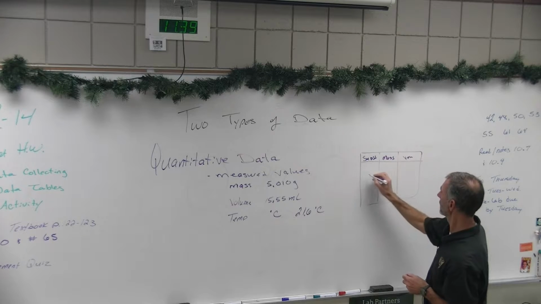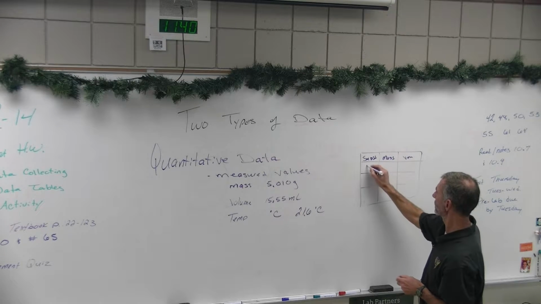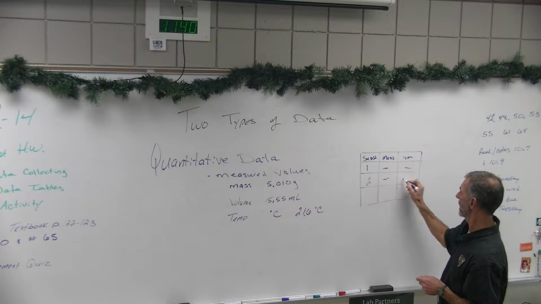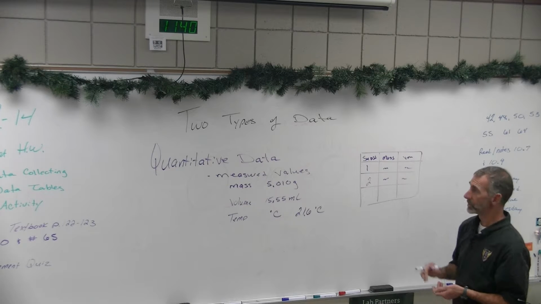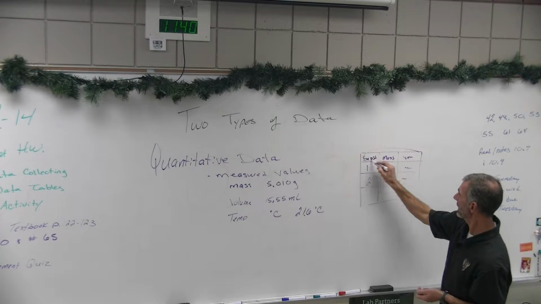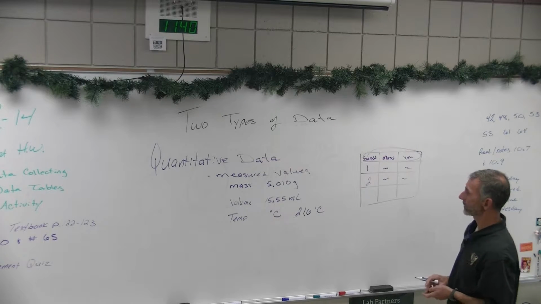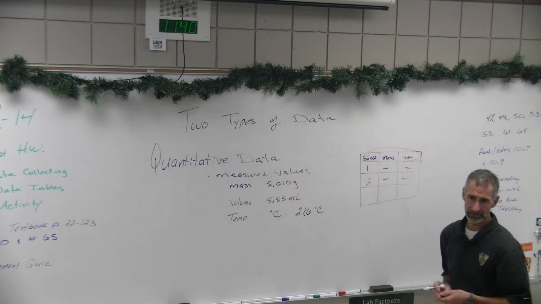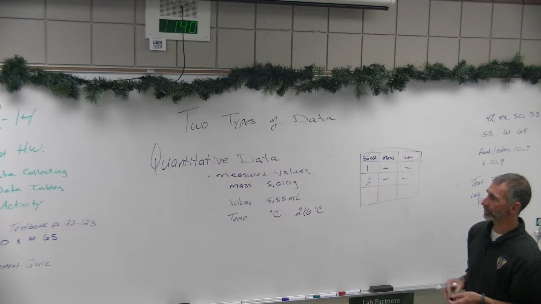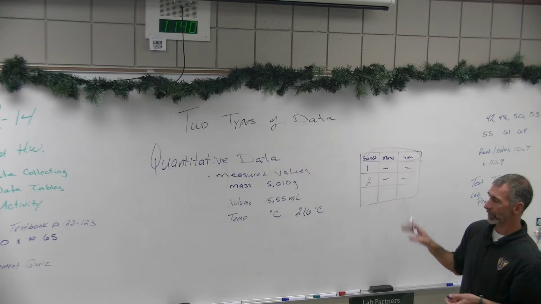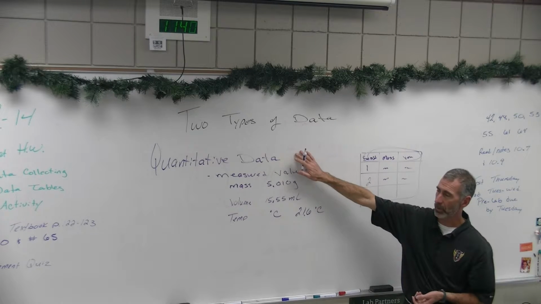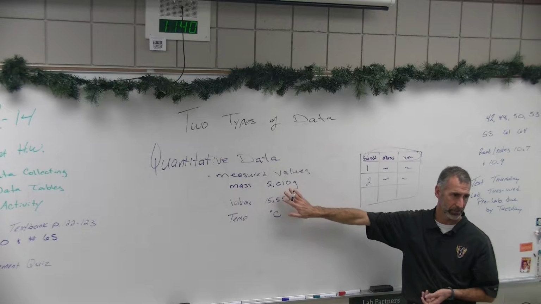Put volume over here. So substance 1 has a certain mass, certain volume. Substance 2, a certain mass, a certain volume. So for a table, you have headings at the top of every column of what you measured with your data. We'll spend some time working through that a little bit. But for today, do we understand what quantitative data is? Okay, it's things that you measure.